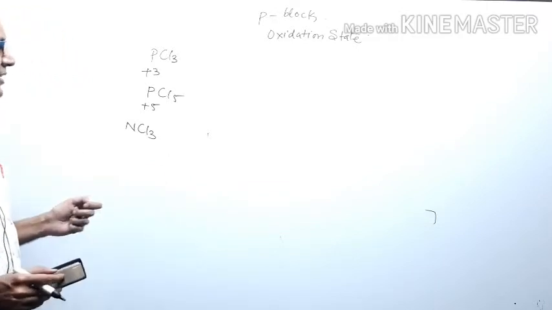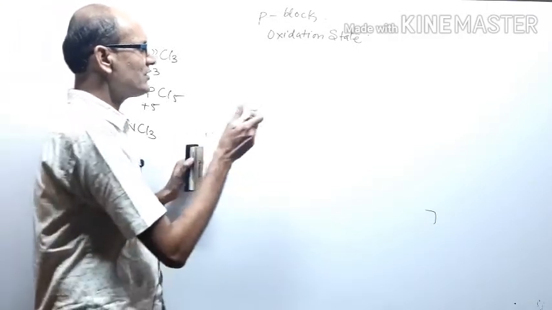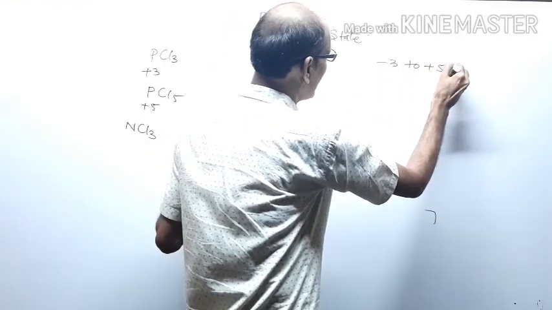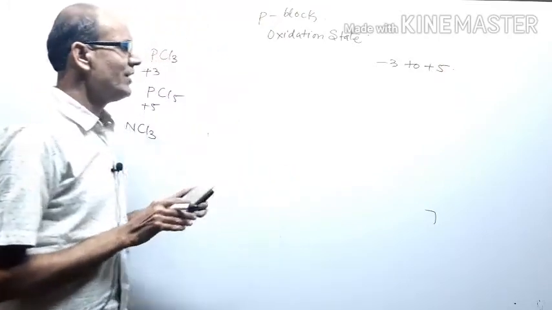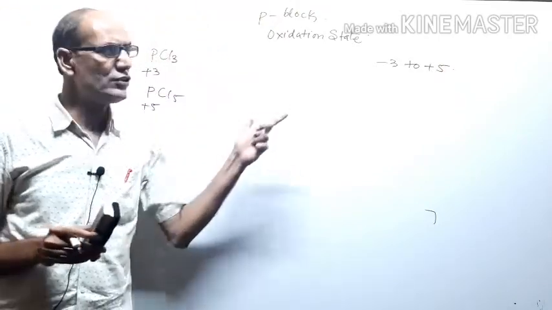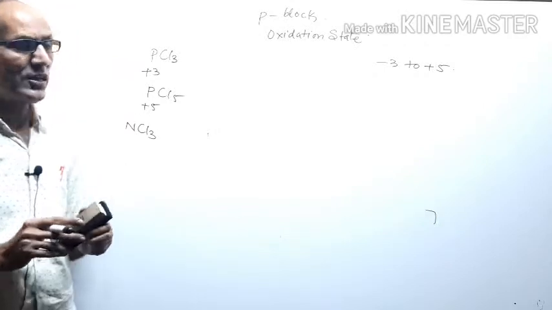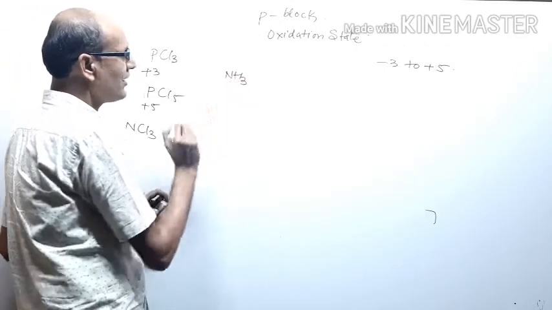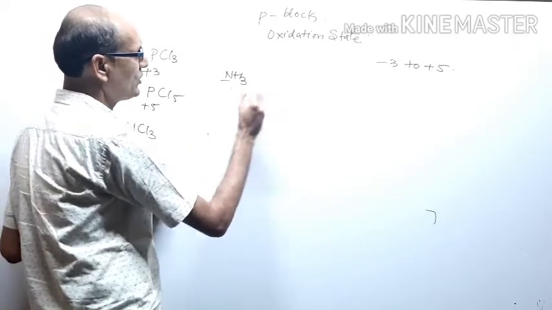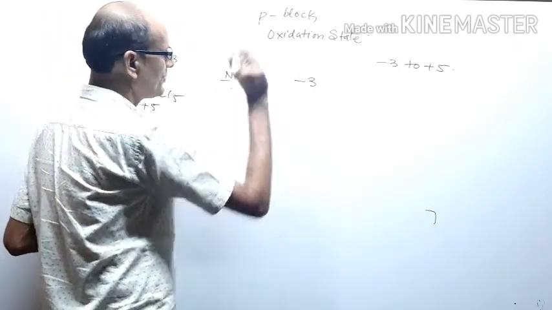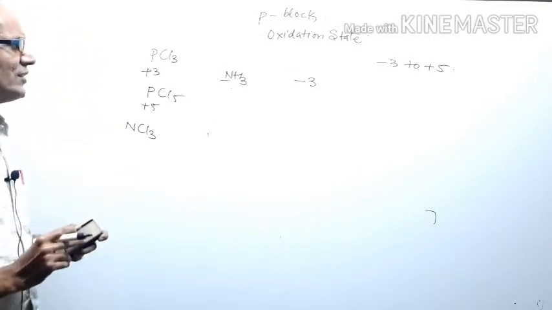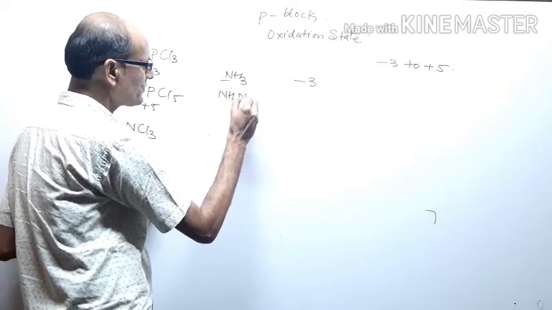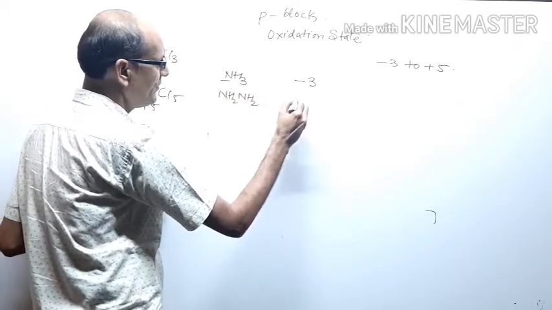But dear student, nitrogen can show all the oxidation states from -3 to +5, but in different compounds. See the compounds in which nitrogen shows all these oxidation states. In ammonia, NH3, the oxidation state of nitrogen is -3, and in hydrazine, N2H4, it is -2.